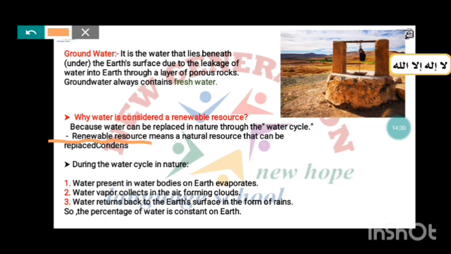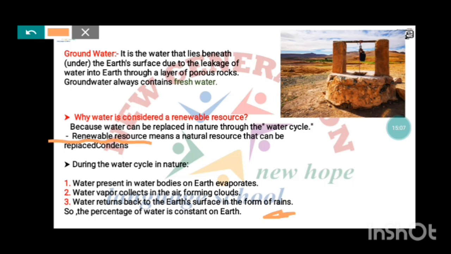During the water cycle in nature, number 1, water present in the water bodies on Earth evaporates by the sun.